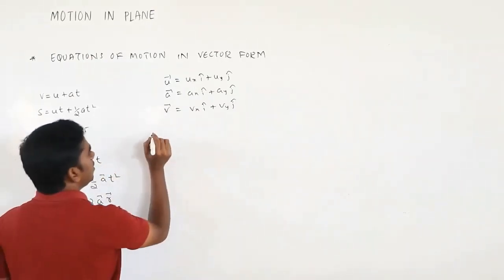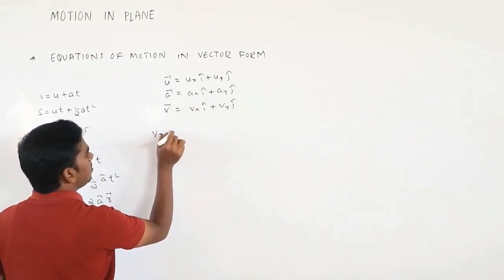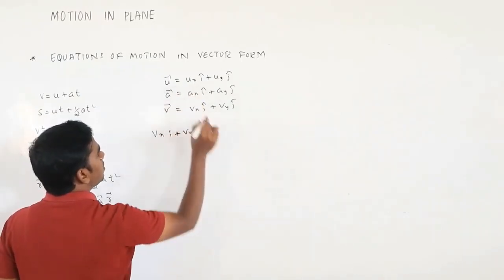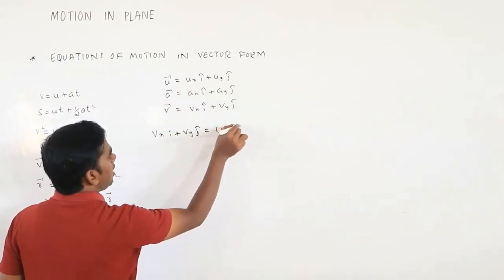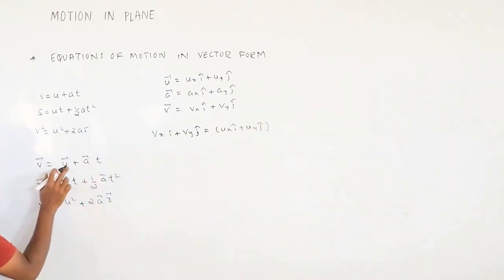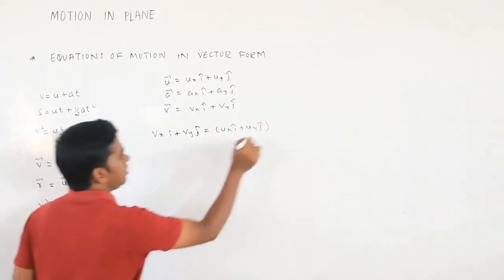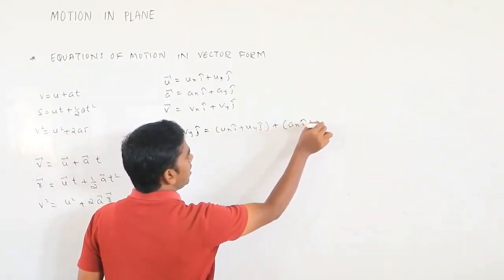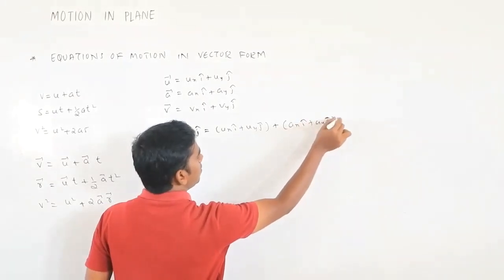So vx i cap plus vy j cap equals ux i cap plus uy j cap, after v equals u plus at, plus ax i cap plus ay j cap into t.